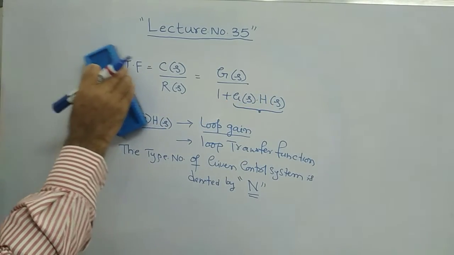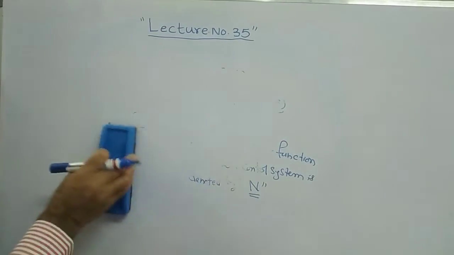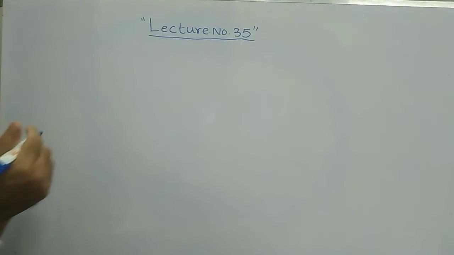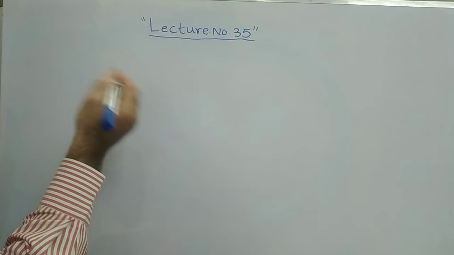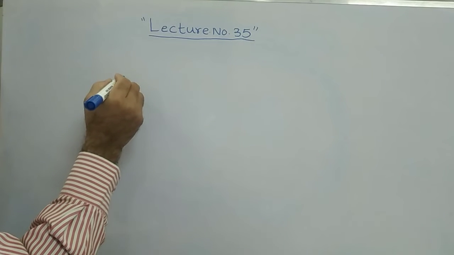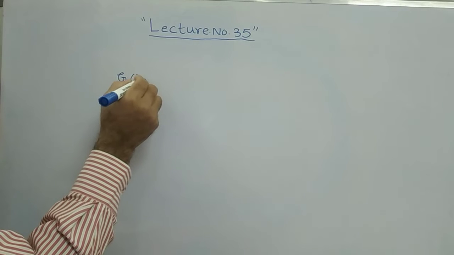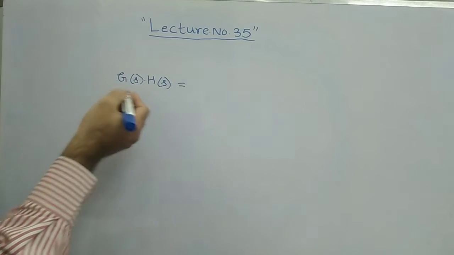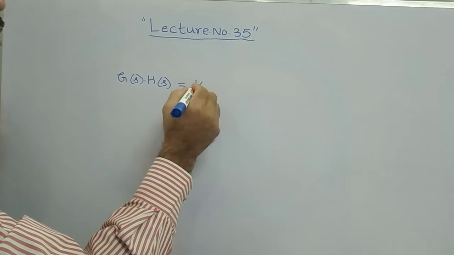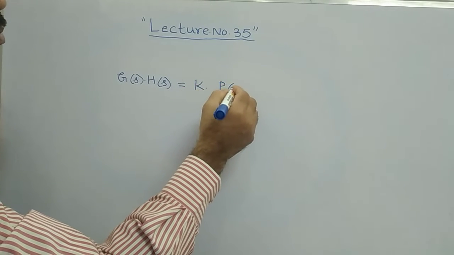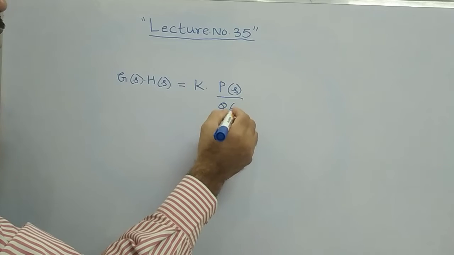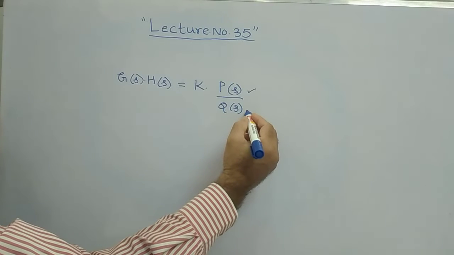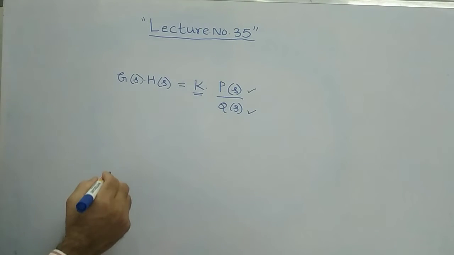So in general, for any given control system, the loop transfer function, G of S into H of S, or simply loop gain, is expressed as some constant K into P of S by Q of S. This is the numerator polynomial, this is the denominator polynomial, where K is some constant.